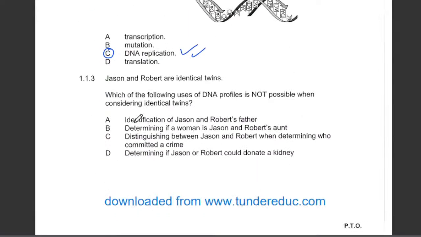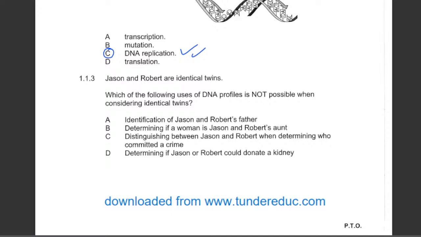They are saying that Jason and Robert are identical twins, meaning that they are coming from the same egg, same ovum. If they're identical twins, which one of the following uses of DNA profile is not possible when considering these identical twins?